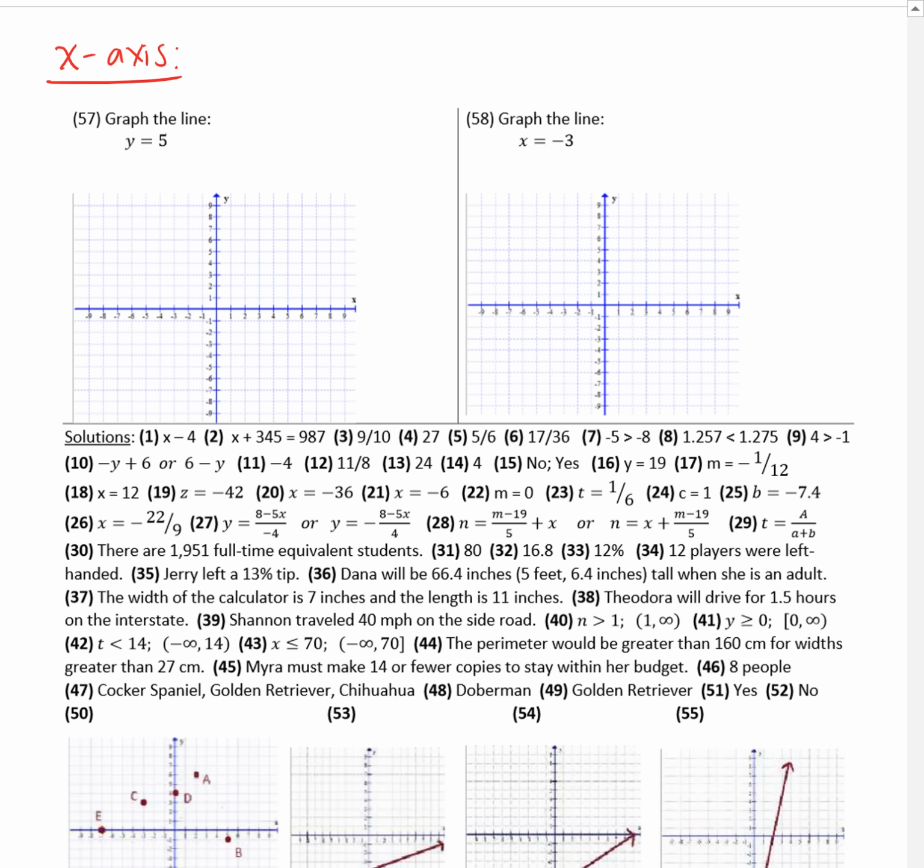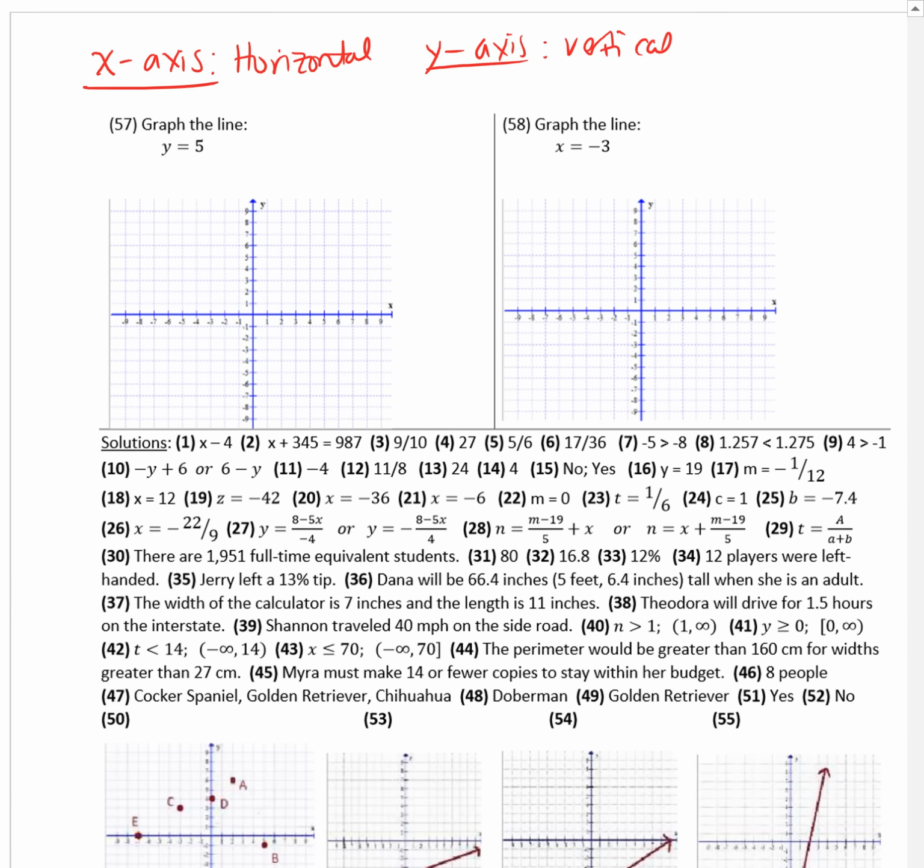The x-axis is horizontal, and the y-axis is vertical. So the lines are kind of the opposite. When I see y equals something, it's horizontal.